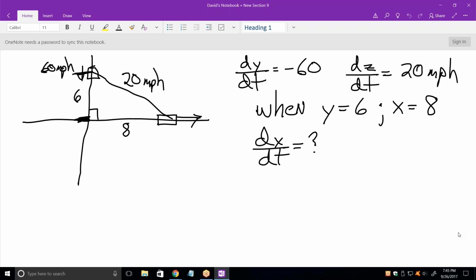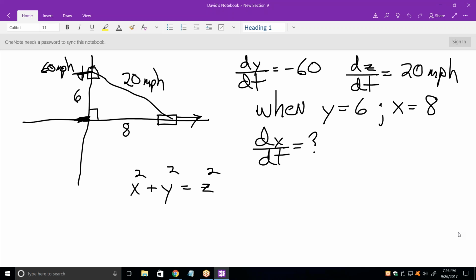Here, the hypotenuse is changing length as the cop car goes south and the robber car goes east. So I need an equation that is variable. In other words, it's x squared plus y squared equals what? c squared. Well, let's use z. C is when you use a and b. If you're going to use x and y, then the hypotenuse should probably be z.